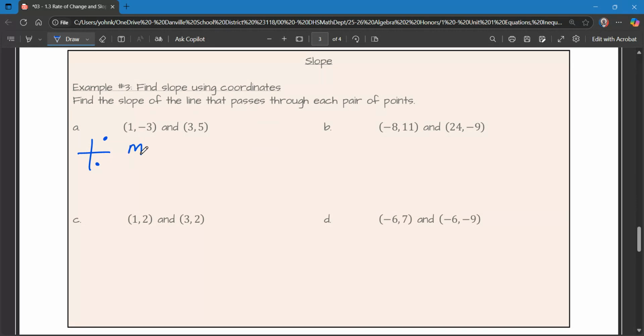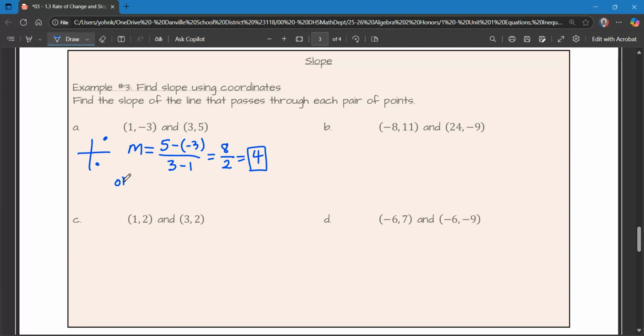Slope is the letter m, so we can say m equals 5 minus -3 over 3 minus 1, taking y2 minus y1 and x2 minus x1. That gives you 8 in the numerator, 2 in the denominator, gives you a slope of 4. That's a positive number, we're good.